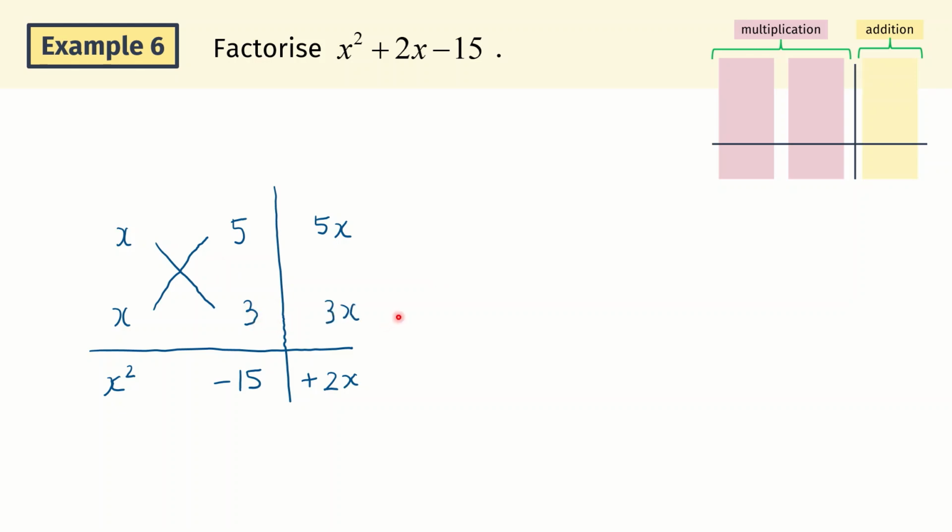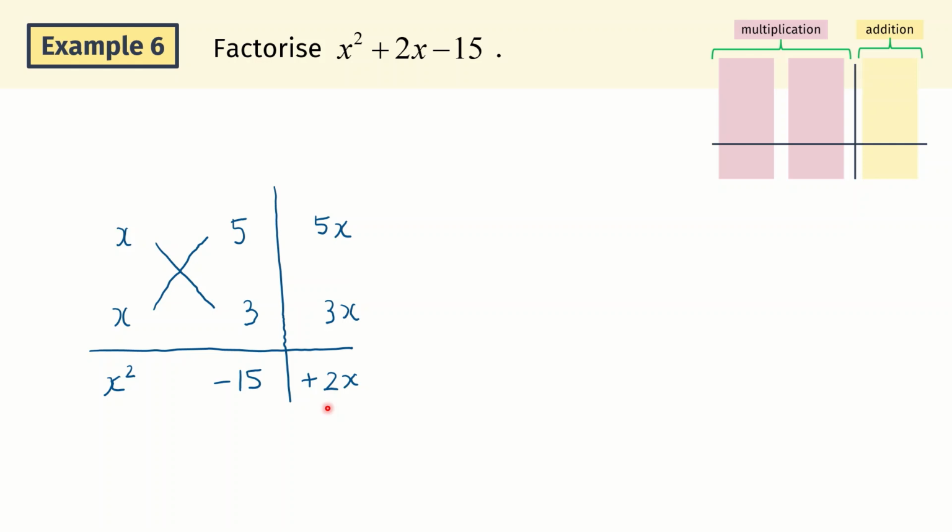Now we need to check. We check in this last column over here whether when we do addition, am I able to get 2? Looking at this that I've written at this juncture, I have a positive 5x as well as a positive 3x. But we very well know that positive 5 and positive 3 do not add up to be positive 2.